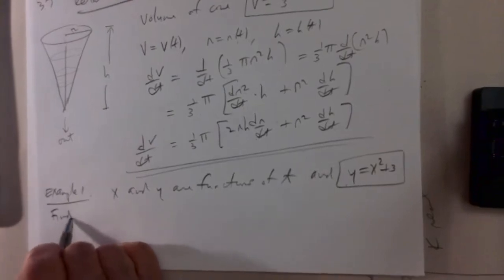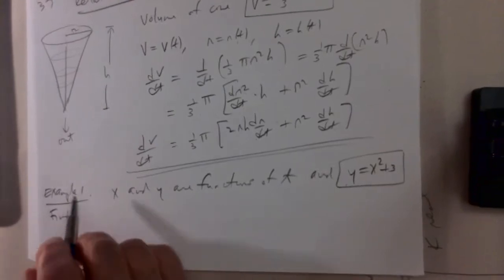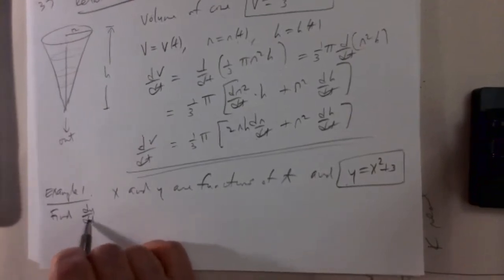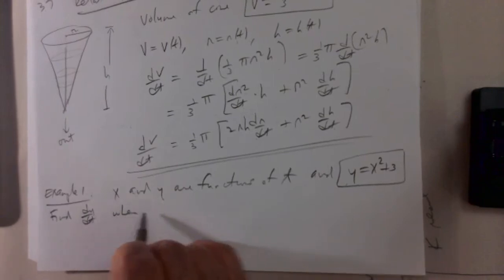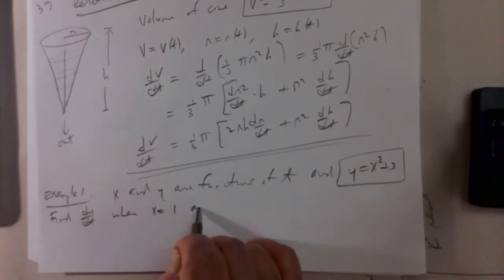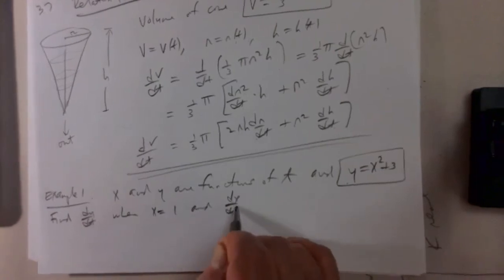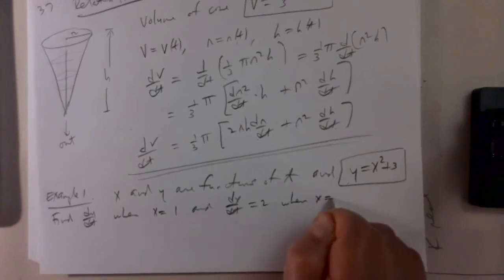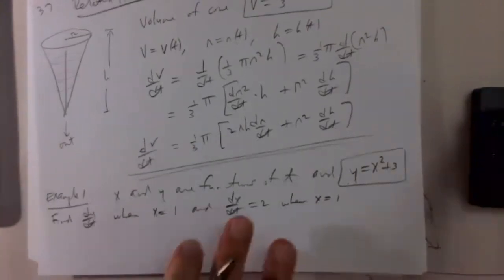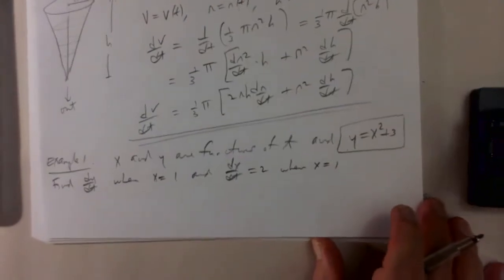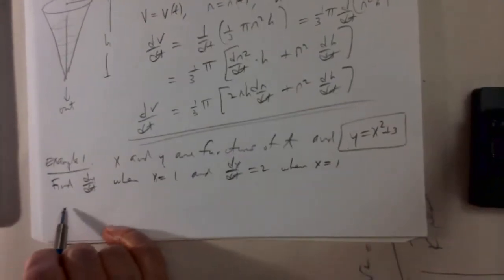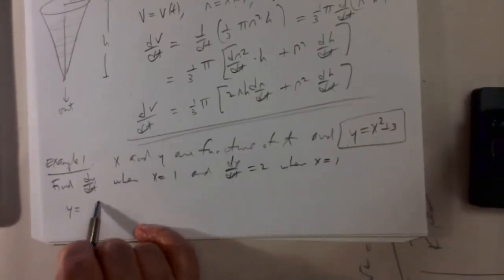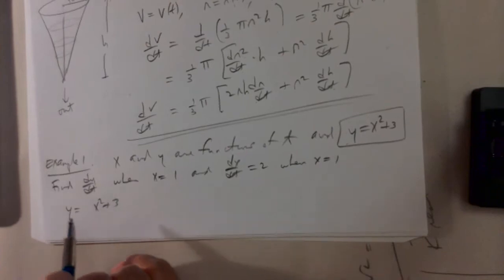So here is a problem. Find dy dt when x is equal to 1 and dx dt equals 2 when x equals 1. Let's see what this means. So we have y equals x squared plus 3.